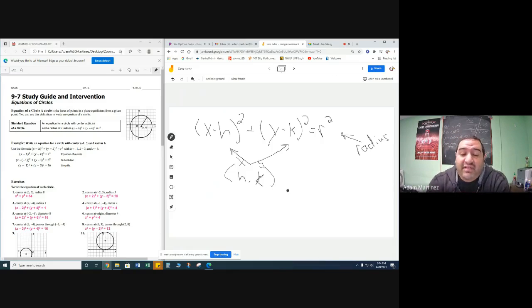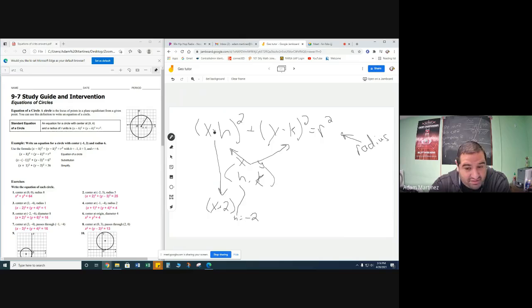One thing to notice is that the equation has a minus. If the equation is a plus, like x plus 2, then h is actually negative 2.